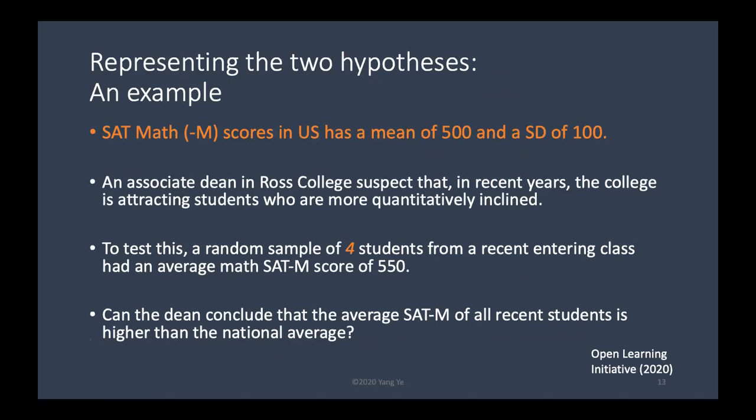So let's use an example to represent the two hypotheses in separate cases again. The SAT math score has a mean of 500 and a standard deviation of 100.